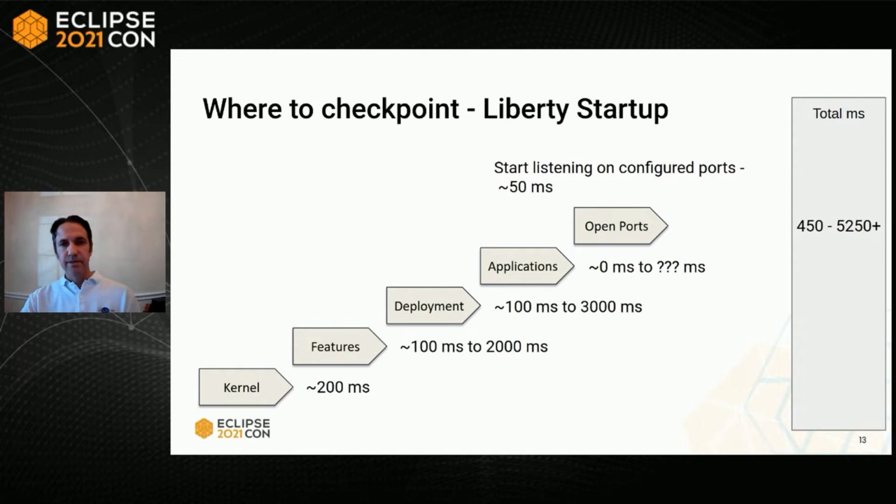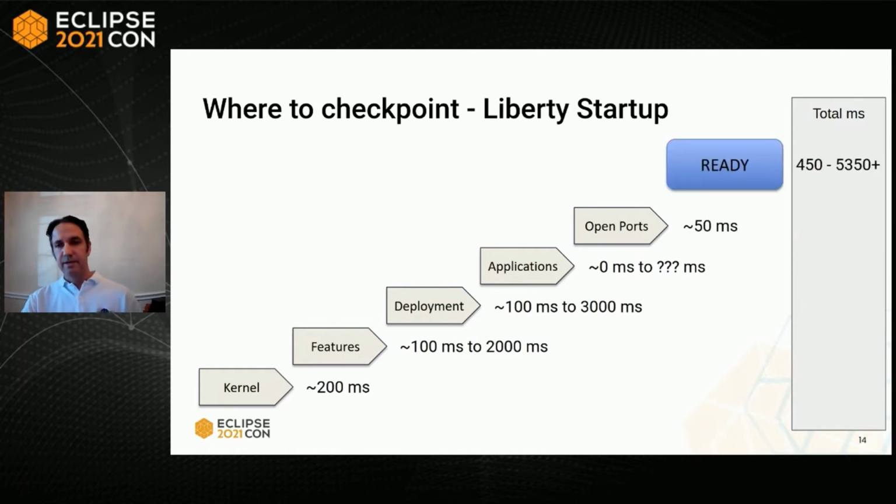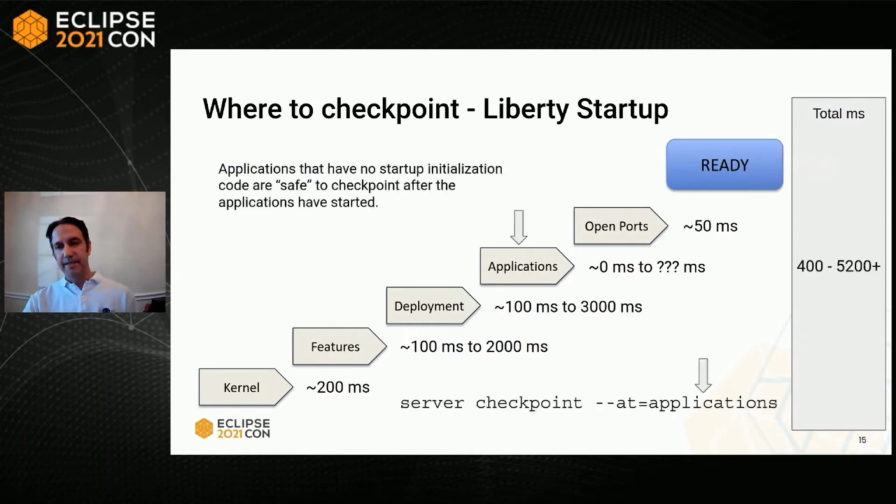So where you need a checkpoint sort of depends on what your application is doing. If your application has very little or no startup code, you can choose the applications point to do your checkpoint. But what's going to determine that is what your startup initialization code is doing.